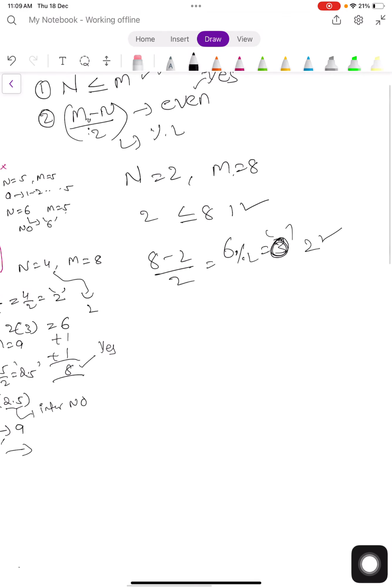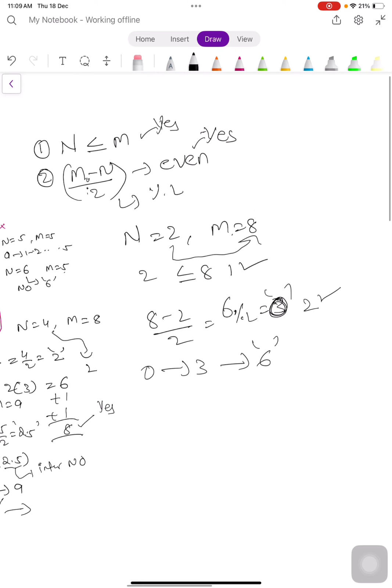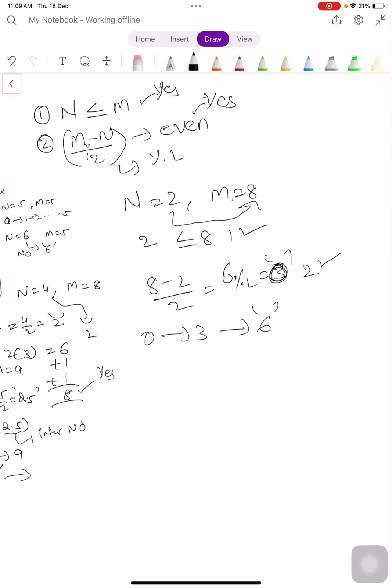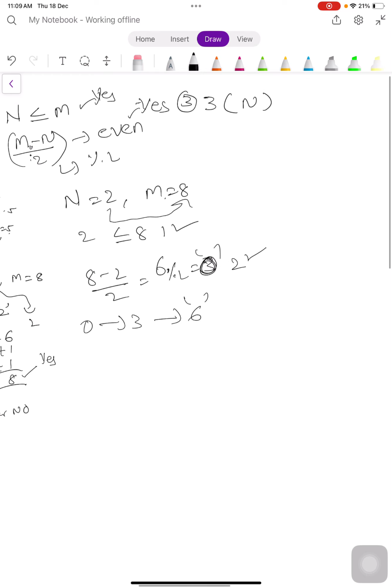But are we really able to reach it in 2 moves? At maximum, from 0 I will go to 3, from 3 I will go to 6. I am only able to reach 6 but not 8. So one more check that we need to do is, we take the maximum value, that is 3 times n, saying that we have done all moves of 3 only.